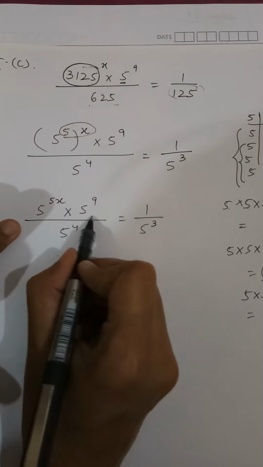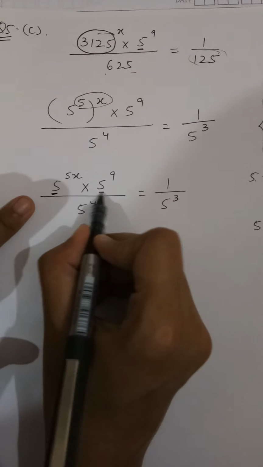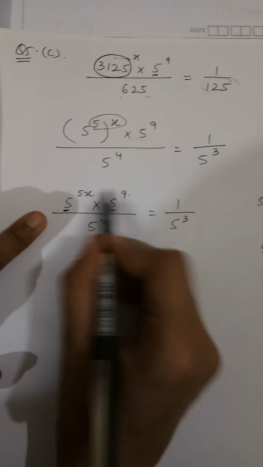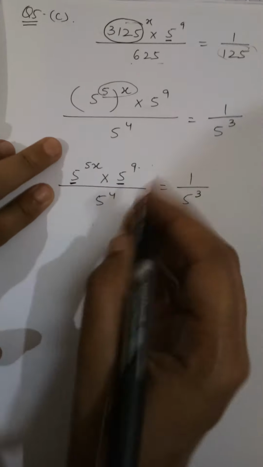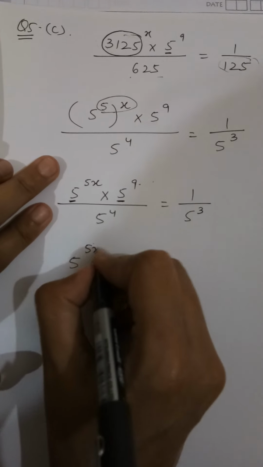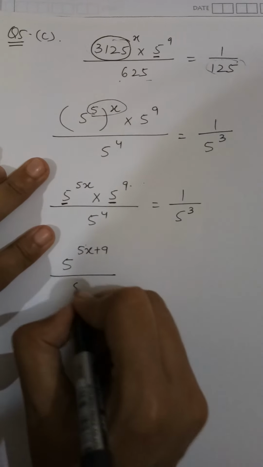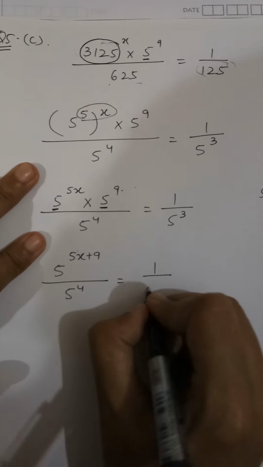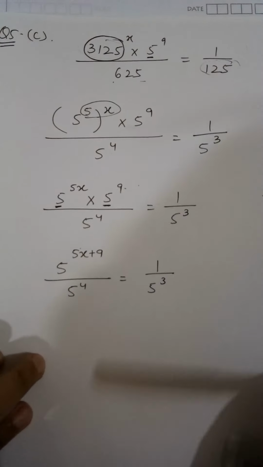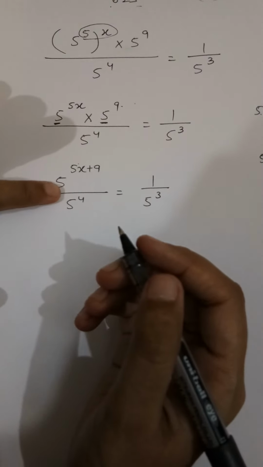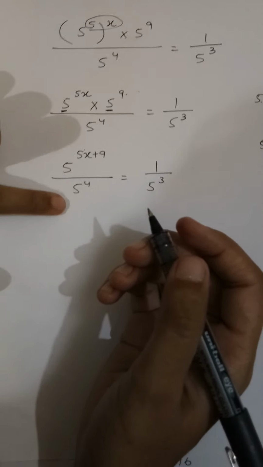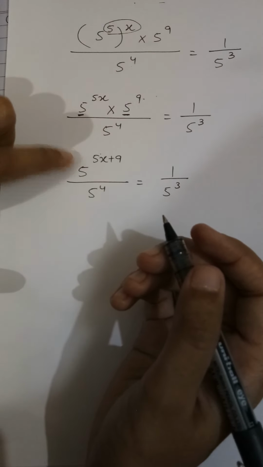Okay, now let's move to this one. Here the base is same, so powers are going to be added because the sign is multiply. So this will become 5 to the power 5x plus 9 upon 5 to the power 4 equals to 1 upon 5 to the power 3. Now this 5 and this 5 both have the same base.